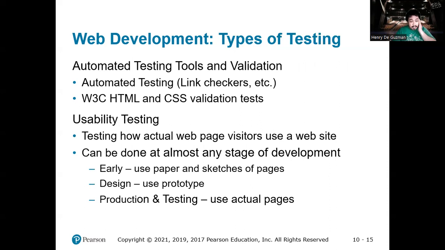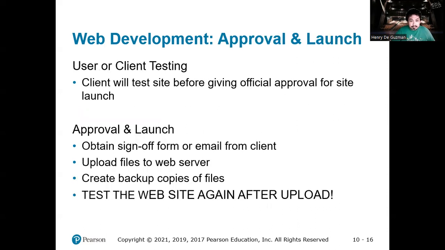In some of the topics na tinuturo ko in other schools are usability engineering or usability testing. Pero that's a one topic pa that you need. Para siyang research. Then approval and launch, syempre, pag natapos mo na, you need to show it to the client for their approval, di ba?